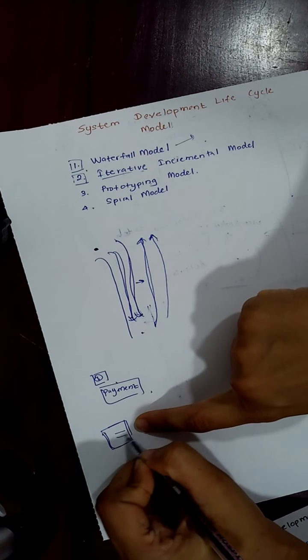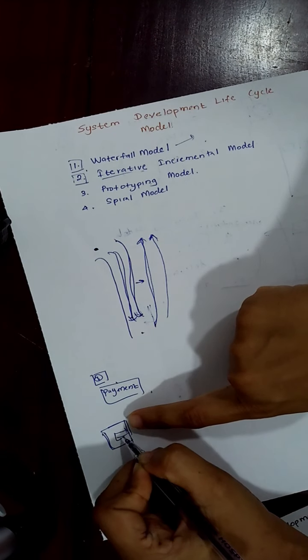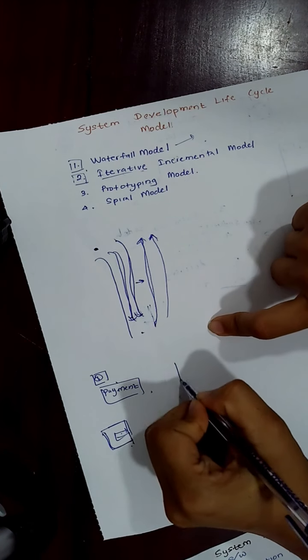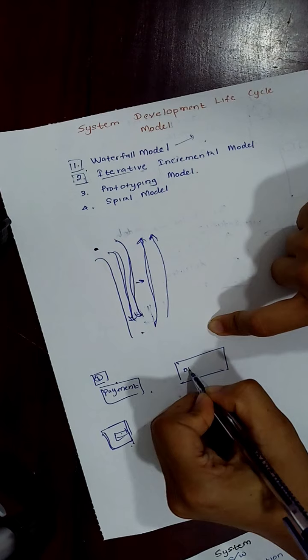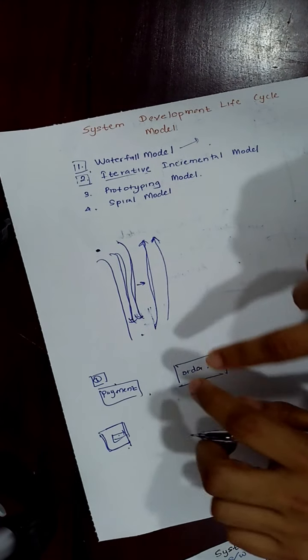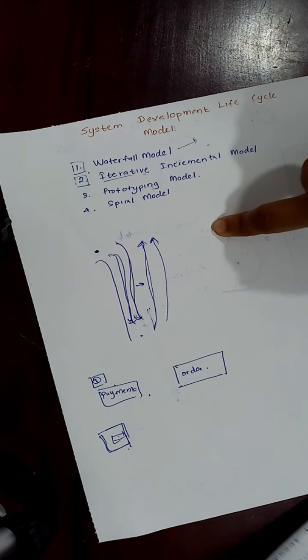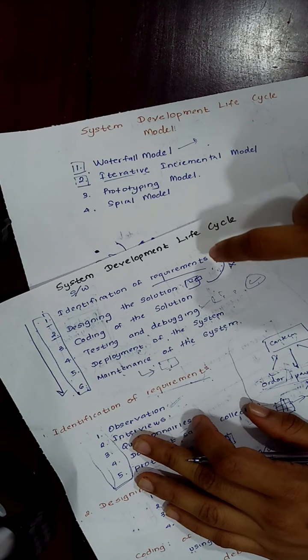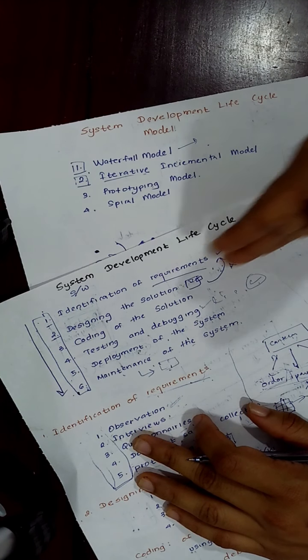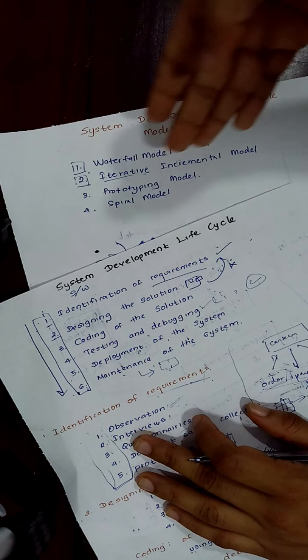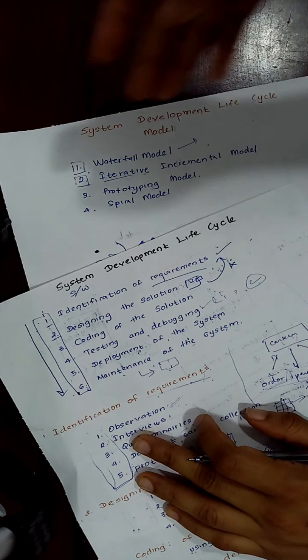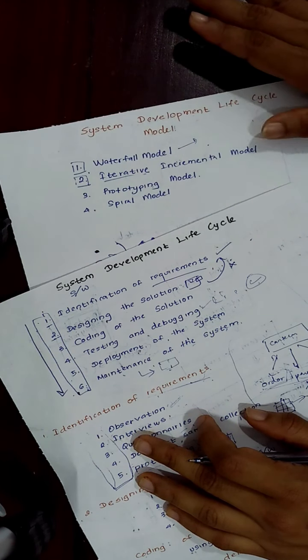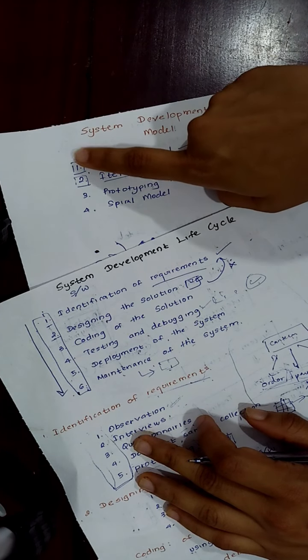At this time you identify that you need an order design also. At this time you can go to the first step, and you can change or add anything in the iterative incremental model, but in the waterfall model you can't do like that. So that is the main difference between these two.